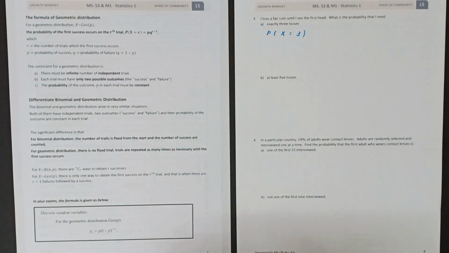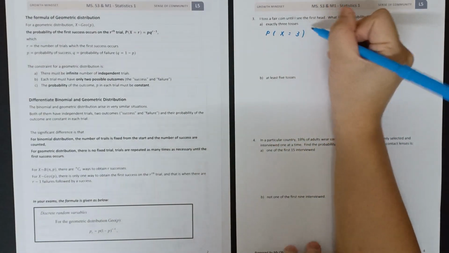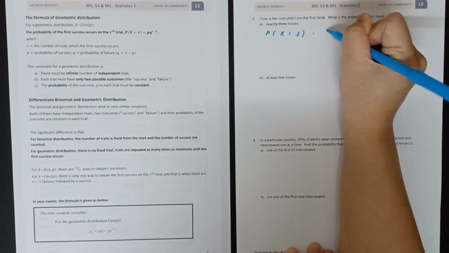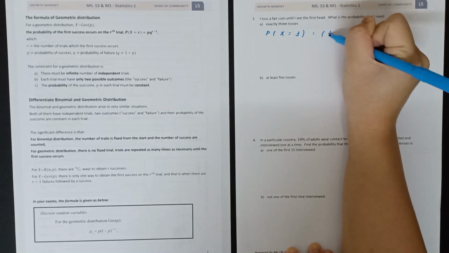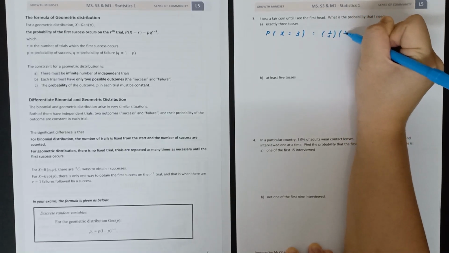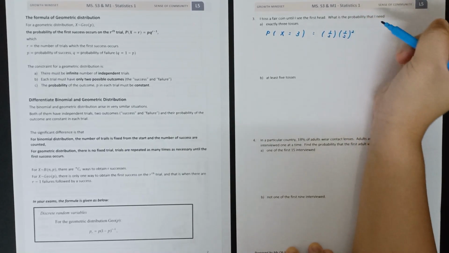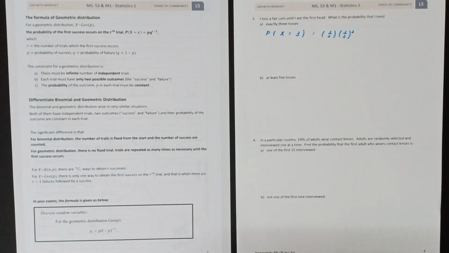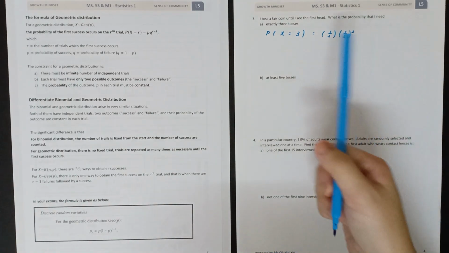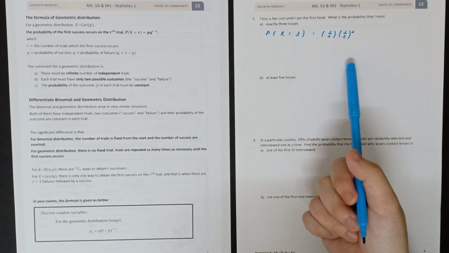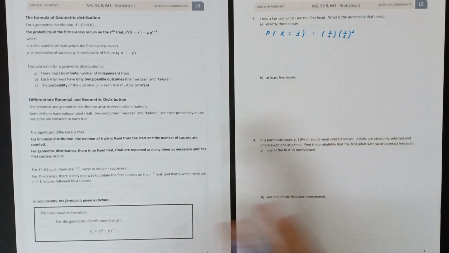Okay, so exactly 3 tosses. This will be equal to a success, and you will have a failure for 2 times. This is why you get the first success on the third time. Even though your P and Q are the same, 1/2, when you write it, please do not straight away write 1/2 to the power of 3.